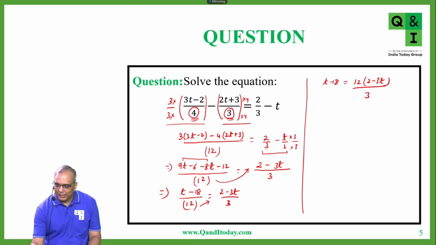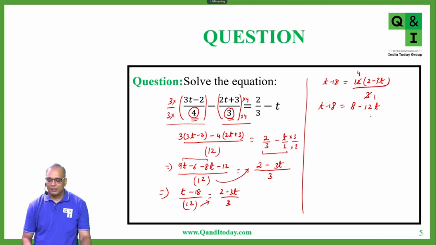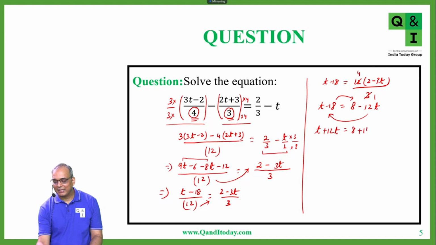Okay. Now what we'll do, we'll cancel this 3 and 12. So 3 times 4 is 12. So we have t minus 18 is equal to 4 into 2 is 8, minus 4 into 3 is 12t. Right. Now bring 12t to the left side and bring minus 18 to the right. So you have t plus 12t is equal to 8 plus 18.